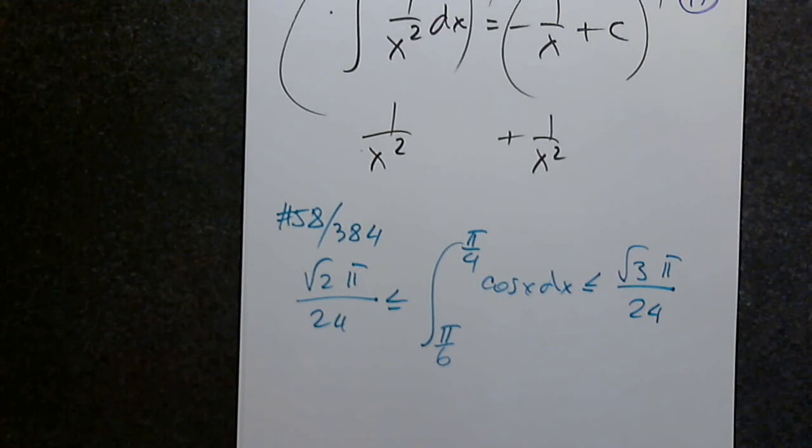Now you could say, I don't need any properties here because I can determine the integral of cosine x. It's sine x from pi over 6 to pi over 4, and I'm done. We're not asked to do that though. We're asked to show using properties that the integral is a number between the left number and the right number.